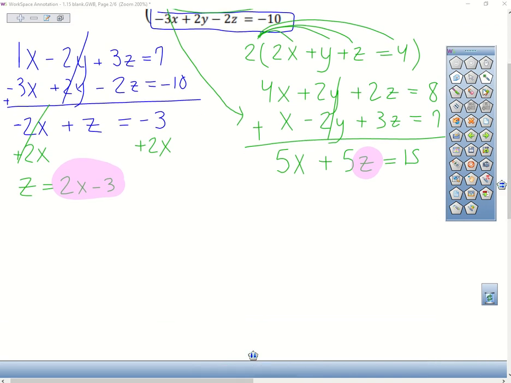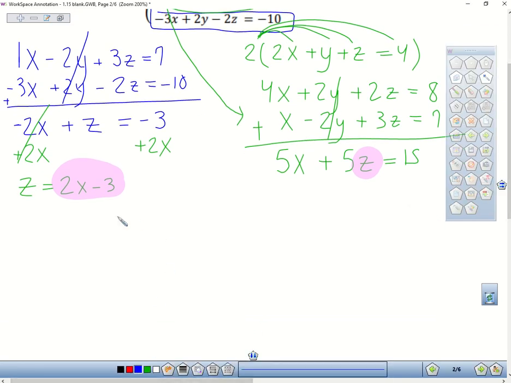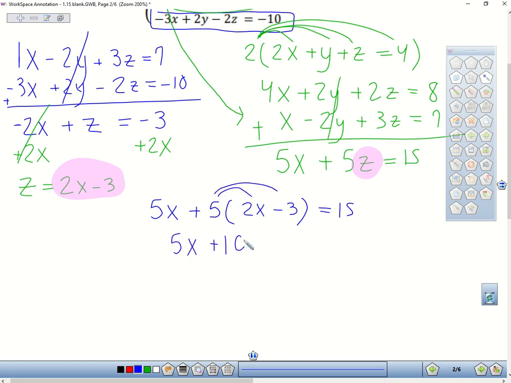You could have also done elimination here if you preferred. So that's going to give me 5x plus 5 times (2x minus 3) equals 15. I'm going to use the distributive property. I'm combining like terms.